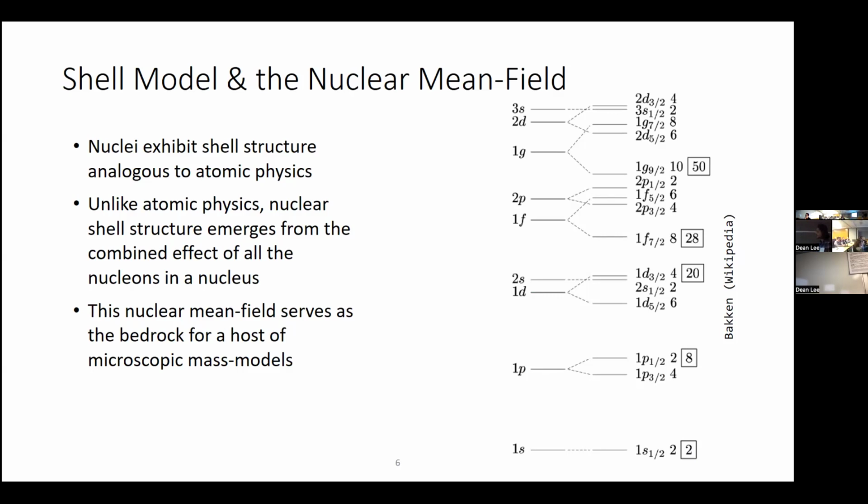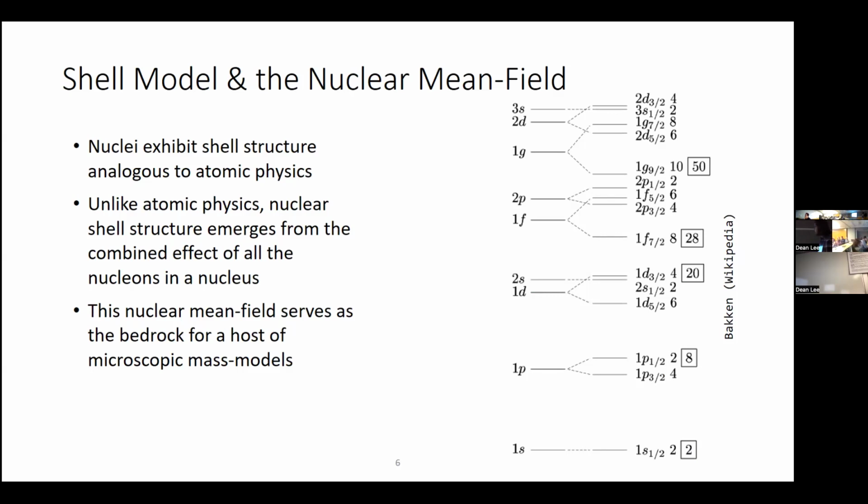The crucial difference is that unlike atomic physics, where the Coulomb force is the origin of the shell structure there, in nuclear physics, we have shell structure as a result of the average interaction that any given nucleon feels from all the remaining nucleons in the nucleus. Right, and this emergent mean field serves as the bedrock for a lot of microscopic mass models.